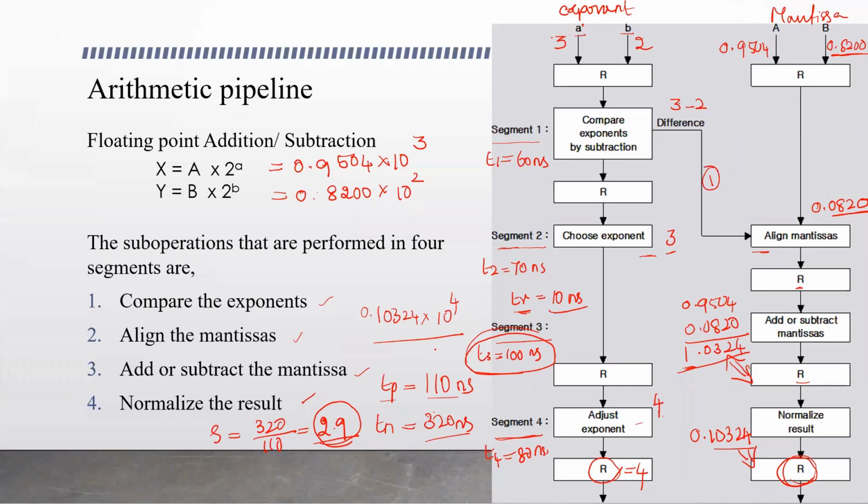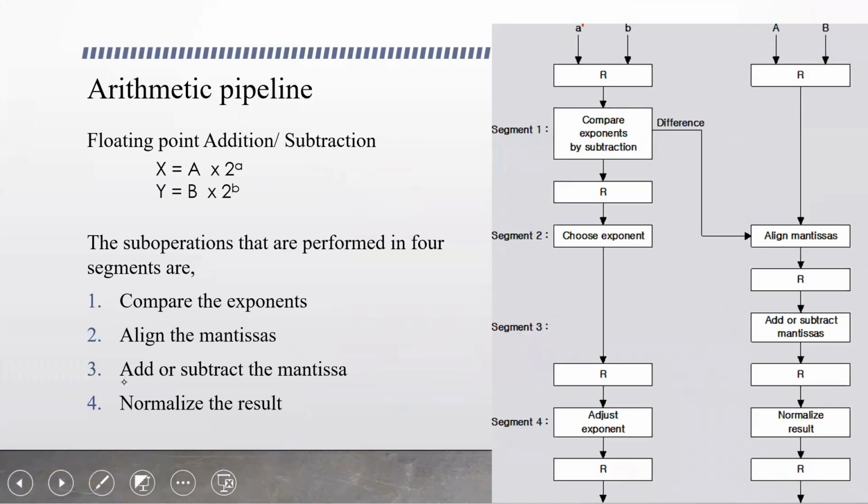So we have taken an example of floating point addition and subtraction. This floating point addition and subtraction can be divided into four sub-operations. Compare the exponents. The exponents need to be equal for performing addition or subtraction.